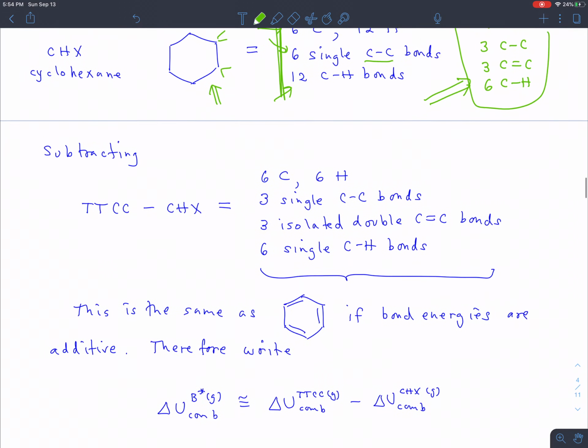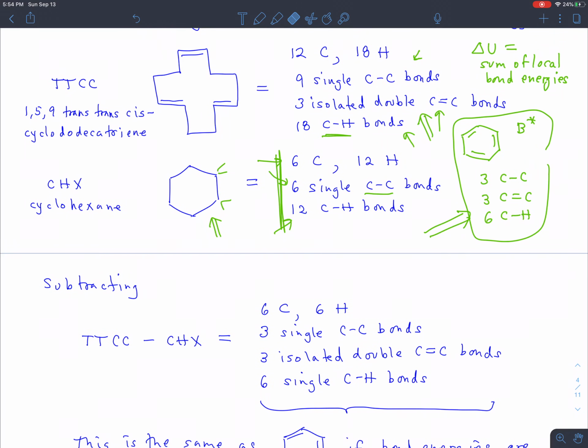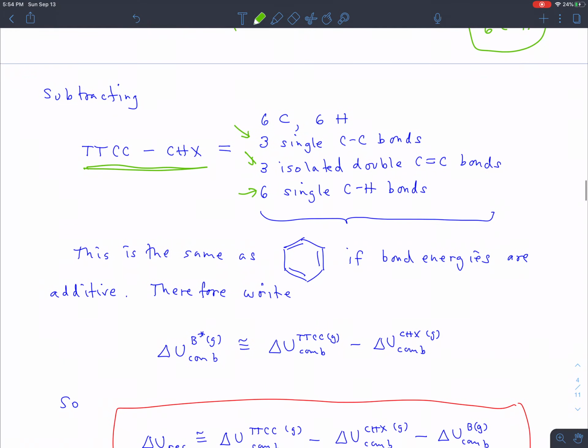And what that says is that at this level of approximation, you can really just add the bond energies together, and it doesn't matter what molecule they're in. If it's a double bond, it has the same energy in one molecule as it has in any other. If it's a single bond, it has the same energy in TTCC as it does in cyclohexane. That says that if you subtract these two, you'll get the right numbers of each type of bond, and that's the basic approximation behind the method.